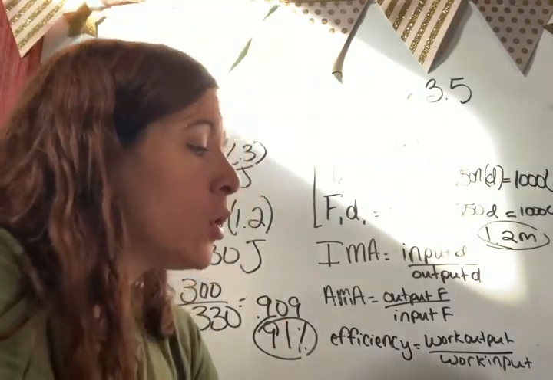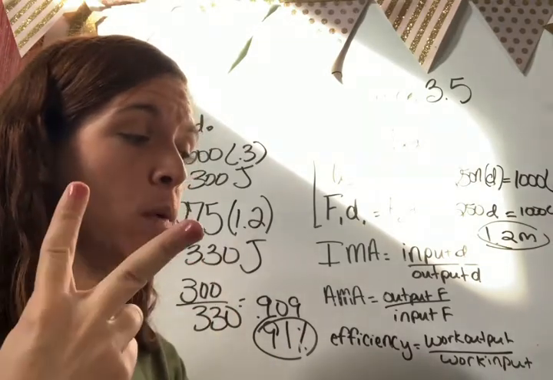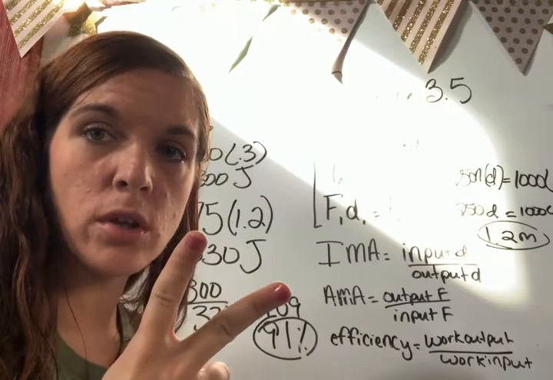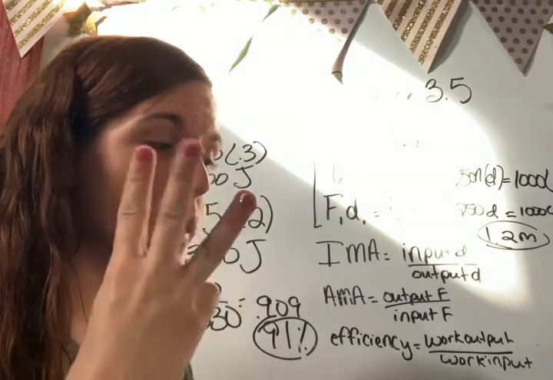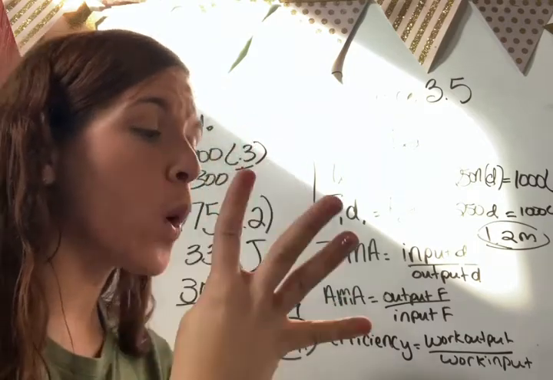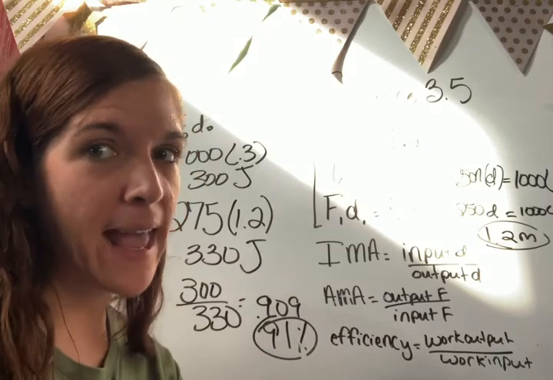So, for your concepts so far, you need to do simple machines versus modern machines. The second one is explain mechanical advantage. Number 3 is what is friction's effect on mechanical advantage? Number 4 is what is the difference between IMA and AMA?